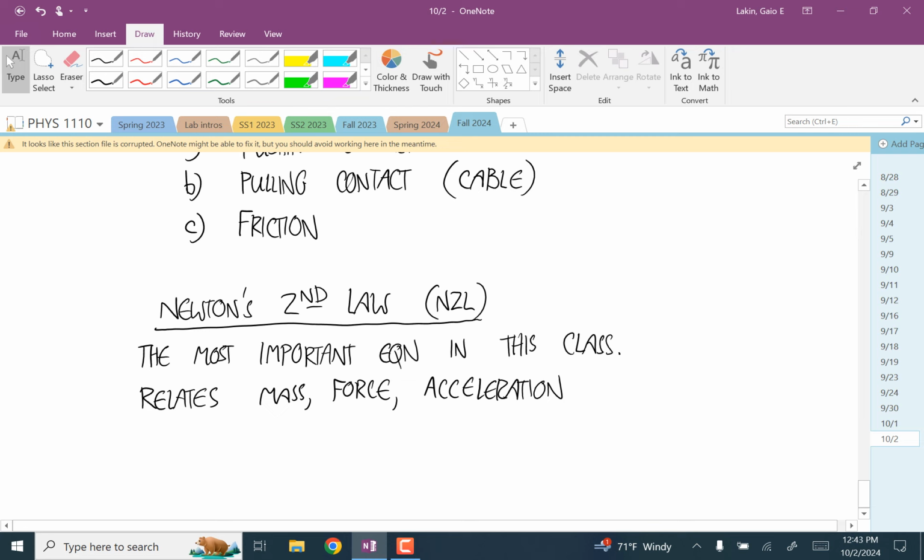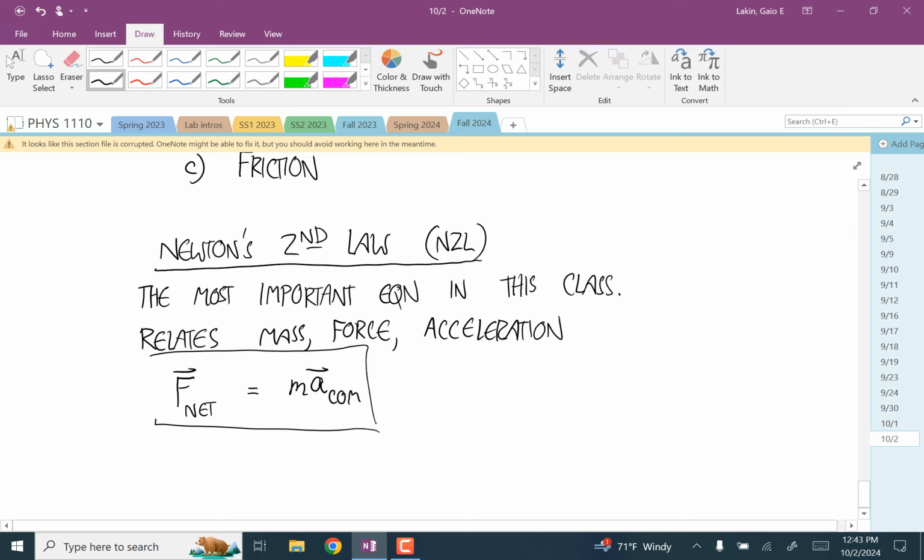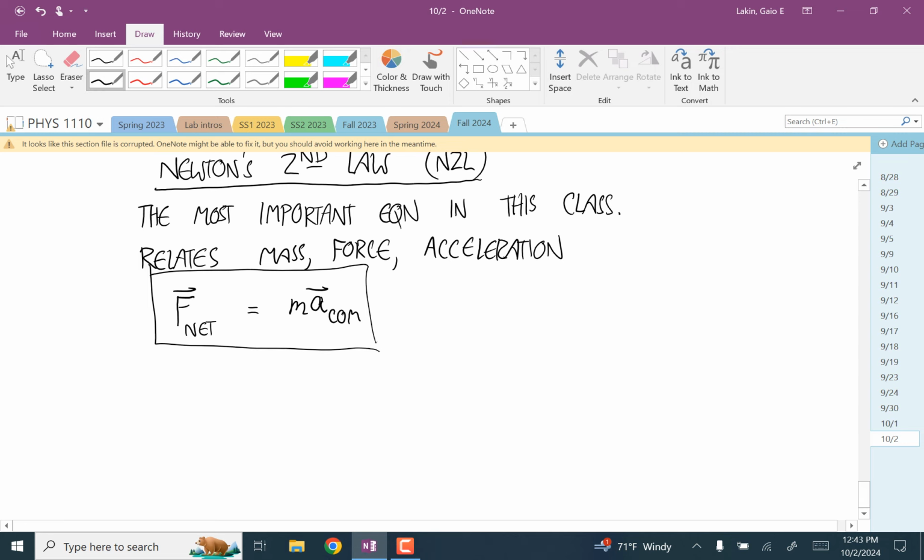This is F equals ma. In this class, we're going to be a little more careful about what it means. So I'm going to write it as F net, the vector F net, is equal to the mass times the acceleration of the object's center of mass. So this is it. Where F net, this vector F net, is the sum of all the forces acting on the chosen object.